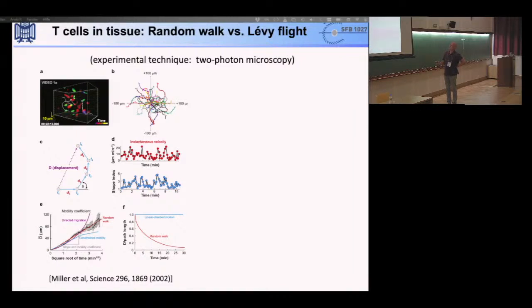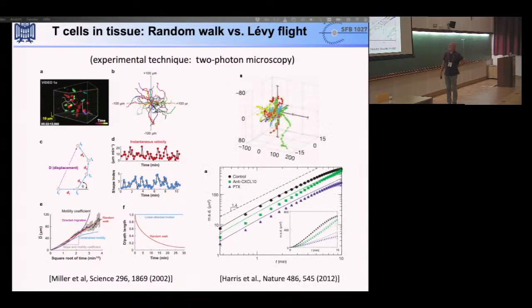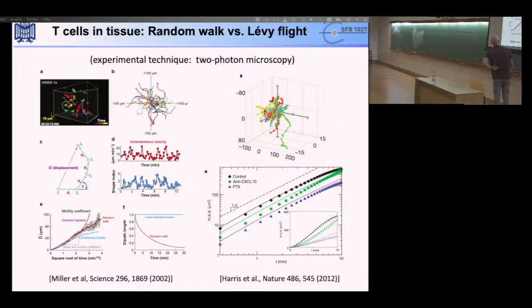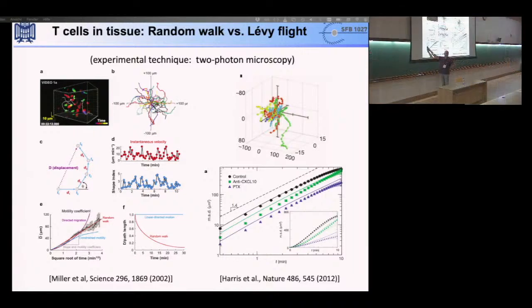That was even published pretty high in Science, and here the other paper in Nature, where they came to the conclusion, this is the square root of the mean square displacement versus the square root of time. You see this is nearly a straight line. Consequently, they concluded this is a random walk.